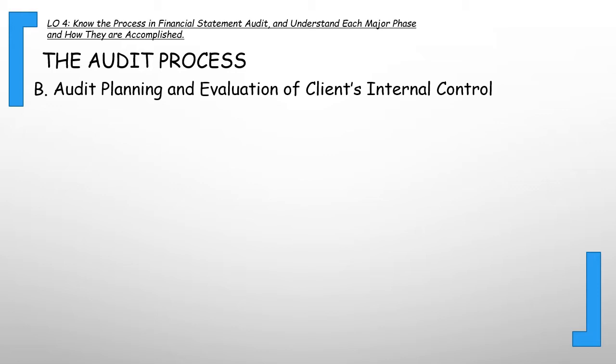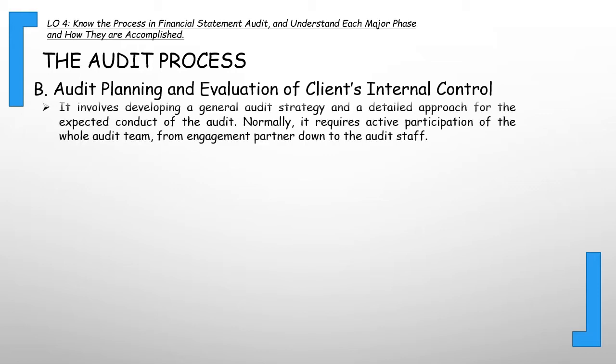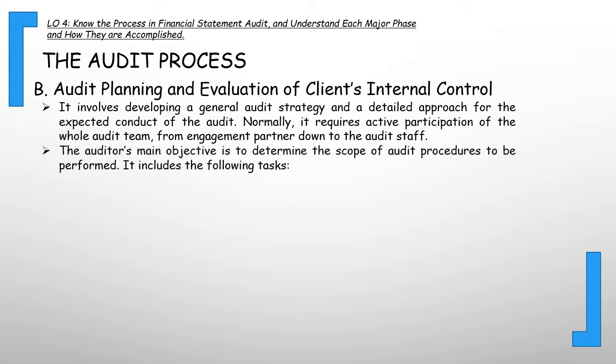Audit planning and evaluation of client's internal control. It involves developing a general audit strategy and a detailed approach for the expected conduct of the audit. Normally, it requires active participation of the whole audit team, from engagement partner down to the audit staff. The auditor's main objective is to determine the scope of audit procedures to be performed.